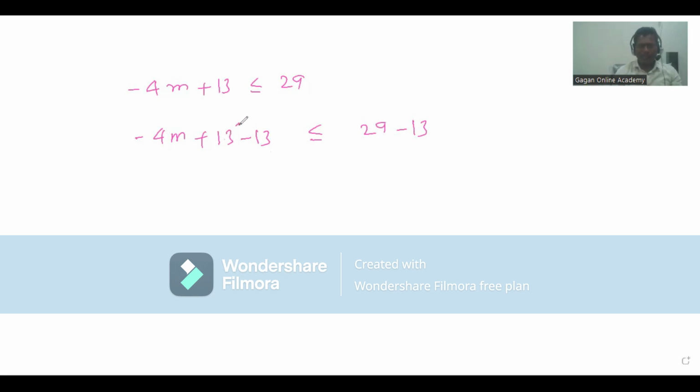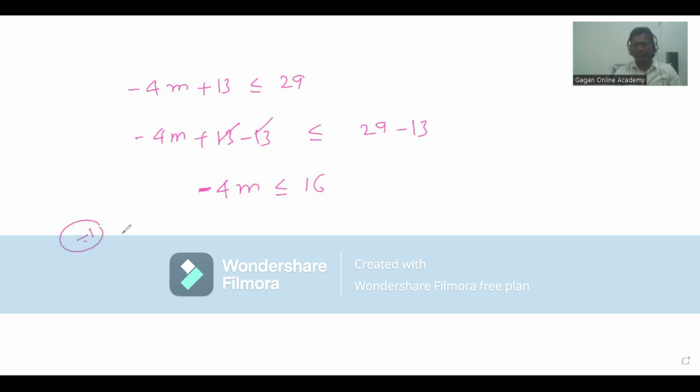Now plus 13 minus 13 gets cancelled. We are left with minus 4m less than or equal to 29 minus 13, that is 16. Now see here, be careful, minus is here. To remove this minus, we have to multiply this entire inequality by a negative quantity, say minus 1.